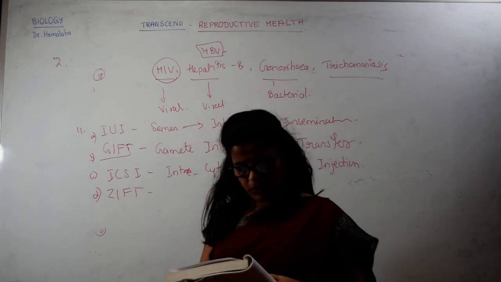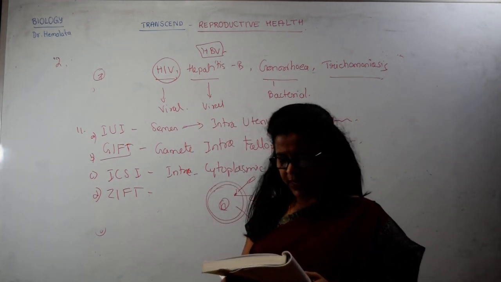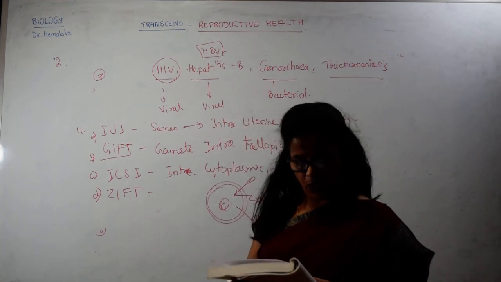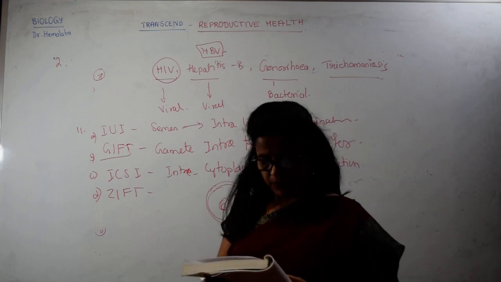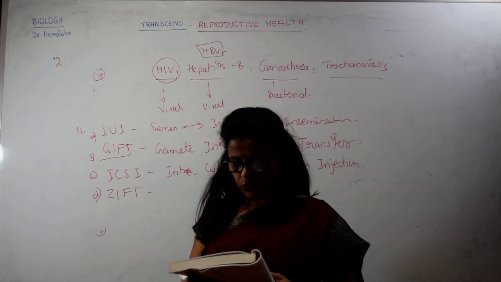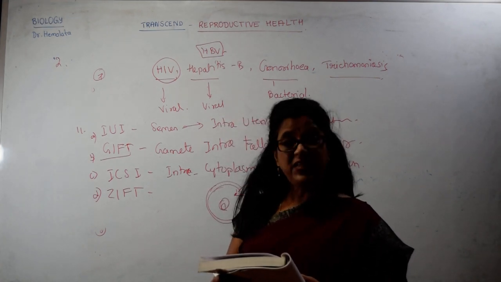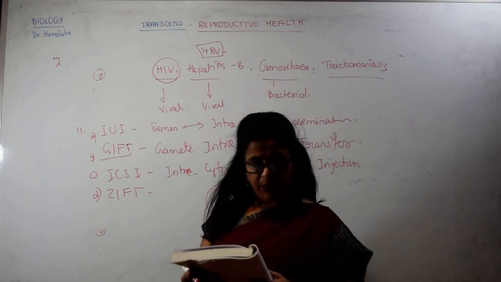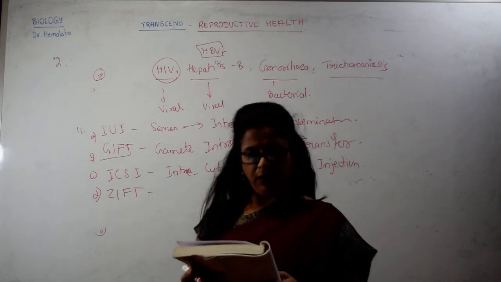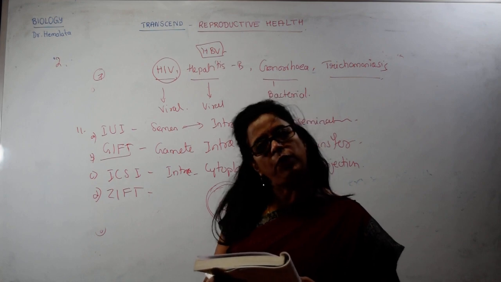Next is about which of the following contraceptive methods correctly matches with its mode of action. First option says tubectomy as the contraceptive method, and the mode of action is making the uterus unsuitable for implantation. Is it right? This is wrong, because tubectomy stops the egg from passing through the fallopian tube, since the fallopian tube is cut.